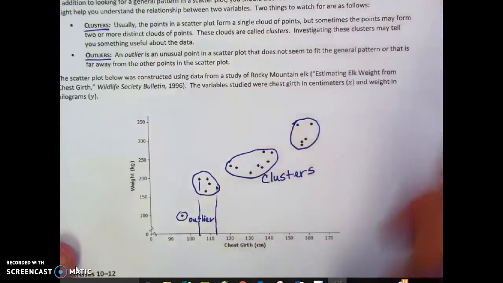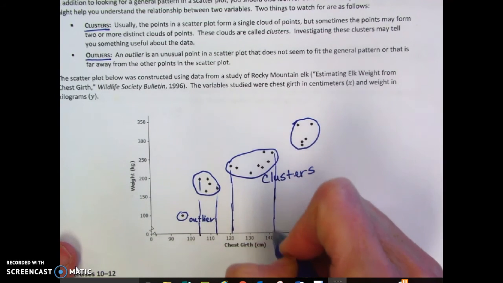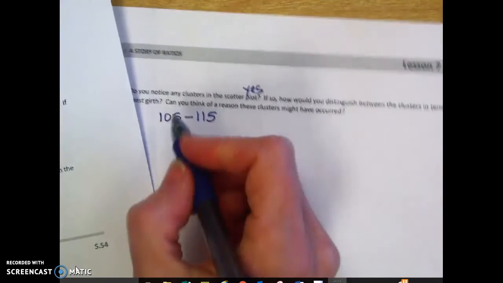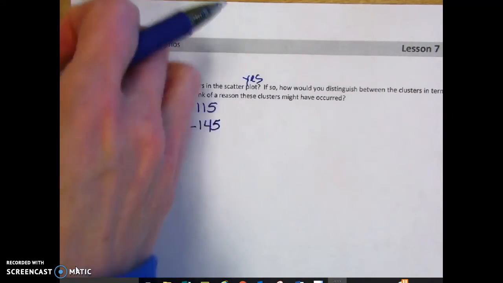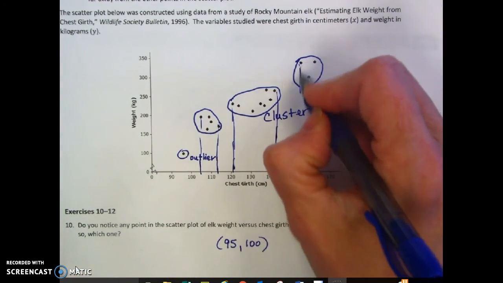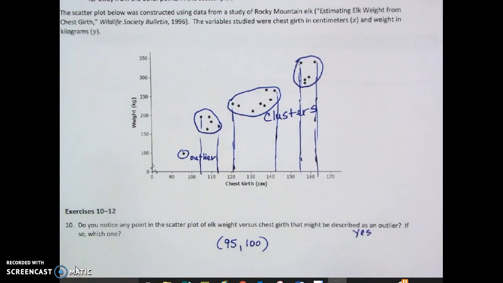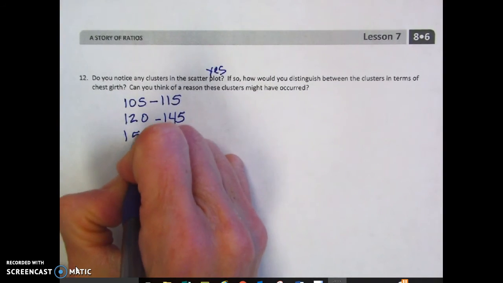The next one, here's our lowest point, and here's our highest point. So we're going to say about 120 to 145. And then our final one looks like this goes about there to about there. So maybe 155 to 165.